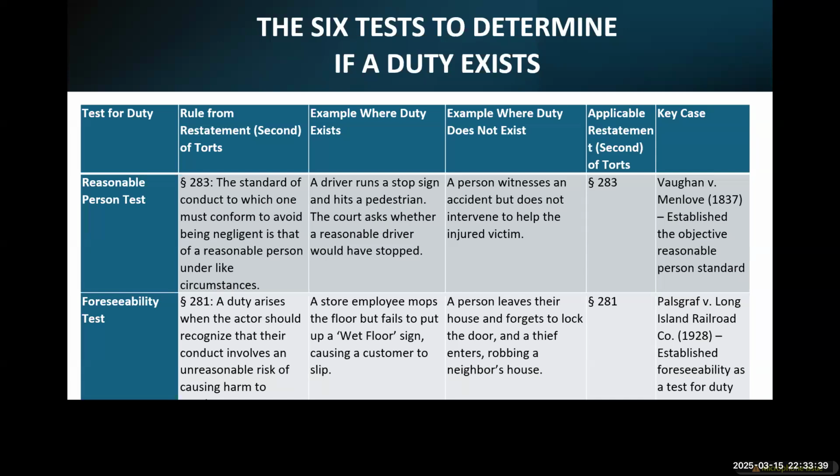And once I've identified them, I have to identify what is the area that these plaintiffs have to be within in order to be impacted, in order to be harmed by me. That is my zone of danger.